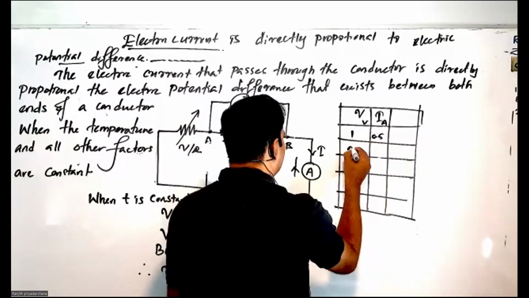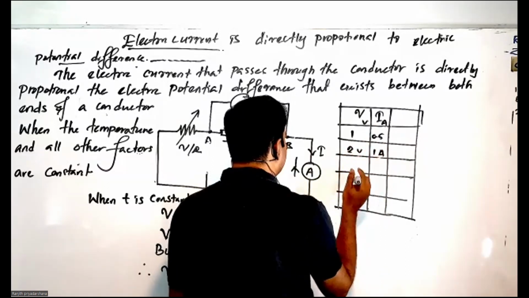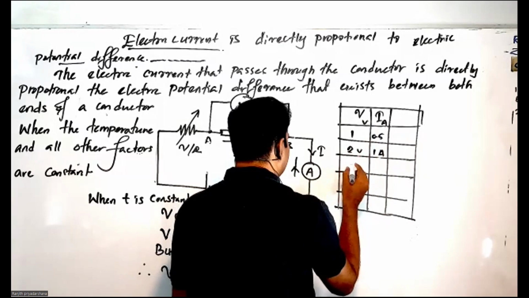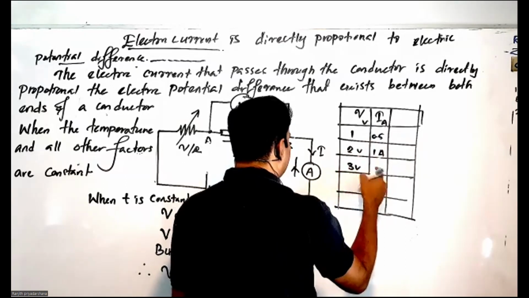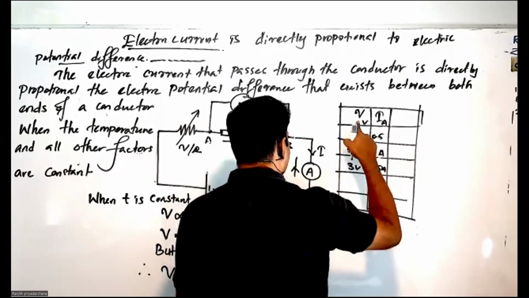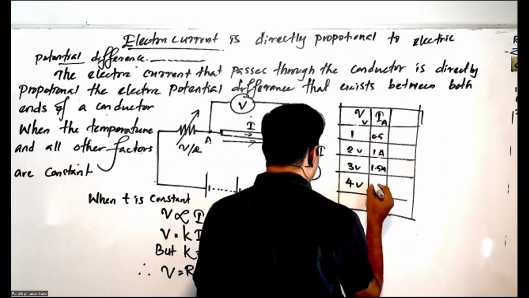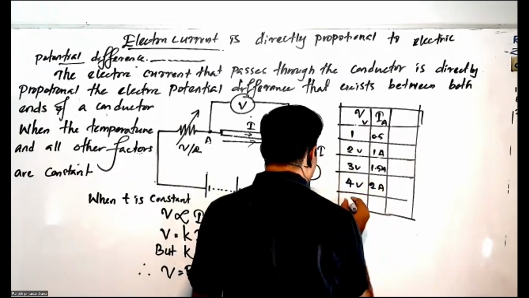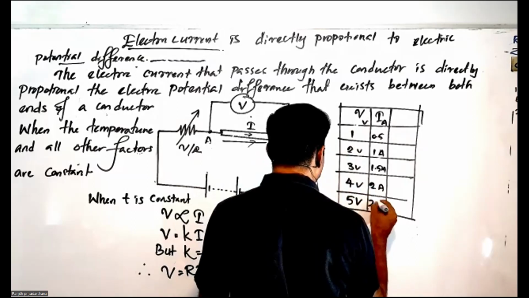When the V is 2 volt, that becomes 1 ampere. When the electric potential difference becomes 3 volt, the current becomes 1.5 ampere. When it becomes 4 volt, that becomes 2 ampere. And when it becomes 5 volts, the electric current becomes 2.5.